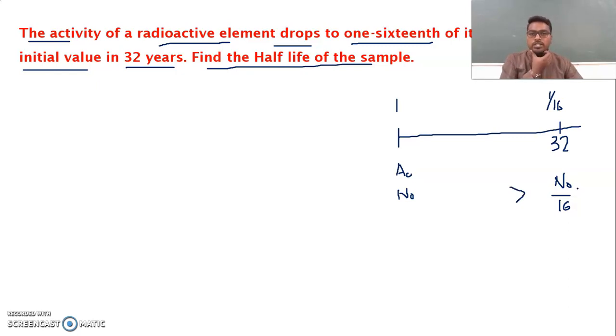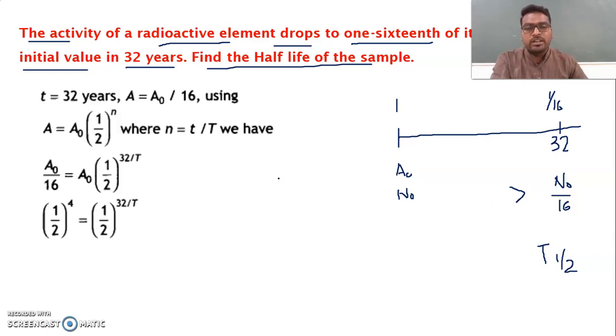So to reduce to 1/16th of its initial value, it takes 32 years. Using this data, we have to calculate the half-life of this reaction. It's very simple, dear students. We know the numerical formula.